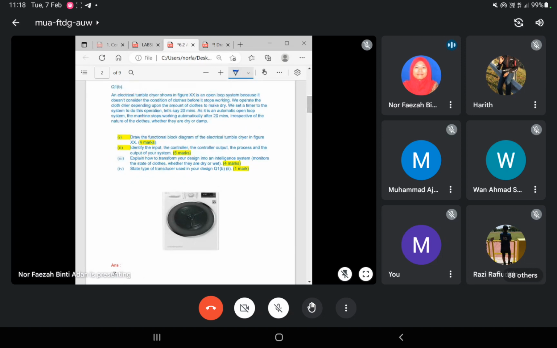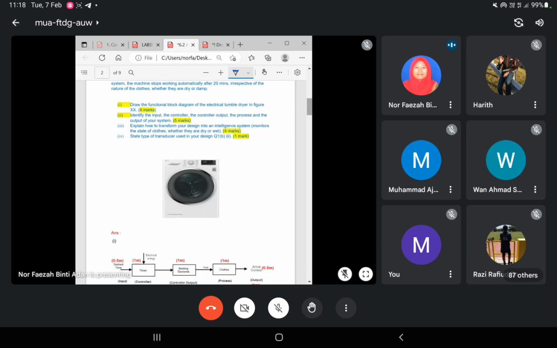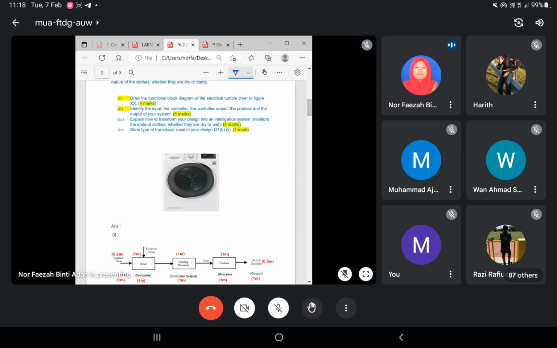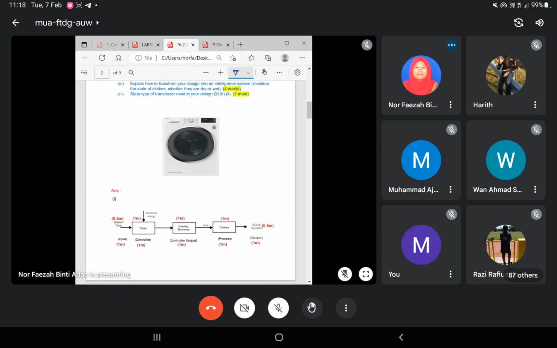Dia ada mention lah dia set timer to do this operation. Now the first question again, draw the functional block diagram of the electrical tumble dryer in figure XX. Figure bawah ni lah. So dia dah mention dah it's an open loop. You just have to draw your block diagram.